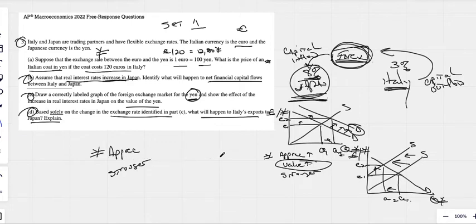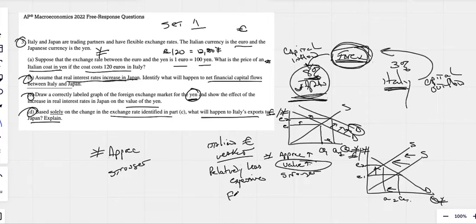That should imply that Italian currency, the euro, is weaker. Japanese have a higher currency. It's stronger, it's appreciating. So therefore, Italian goods, due to this weaker euro, look relatively less expensive.